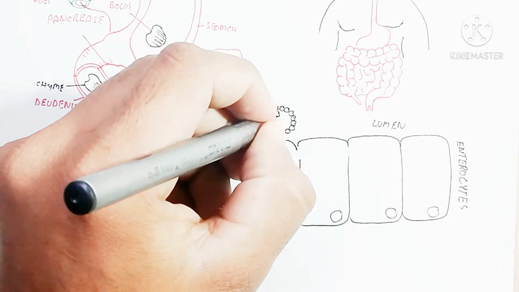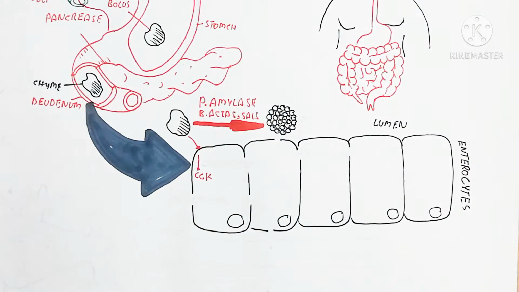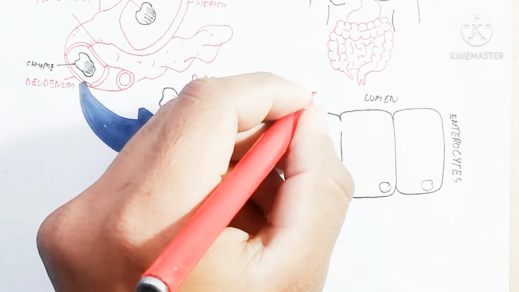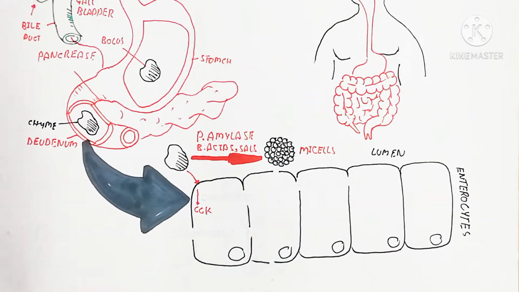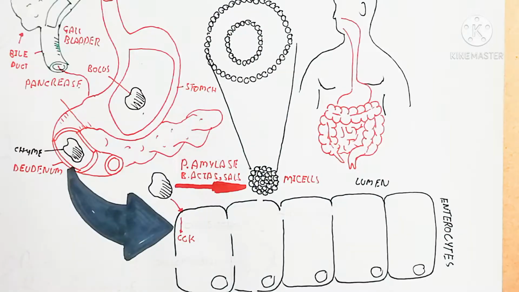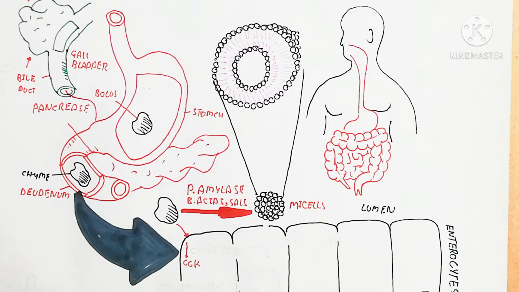So here is the pancreatic amylase enzyme and the pancreatic lipase enzyme. Here we will discuss the pancreatic lipase enzyme, not amylase, and bile acids, bile salts, etc., which are produced, and that production creates the emulsification. The emulsification of fat converts it into the micelle.